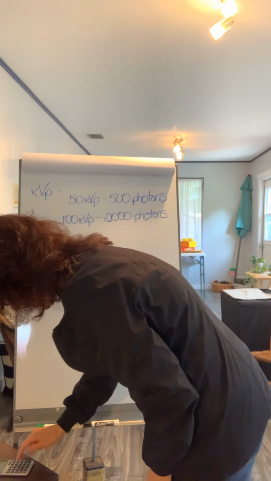And that would also give me half of the exposure, but at the same time, it would alter my contrast. So you can alter the kVp by 15% and it has the same effect as if you were to double, which was our first example, or half the mass. Okay? Now, I'm going to erase this part as well. I'm going to show you one more thing.